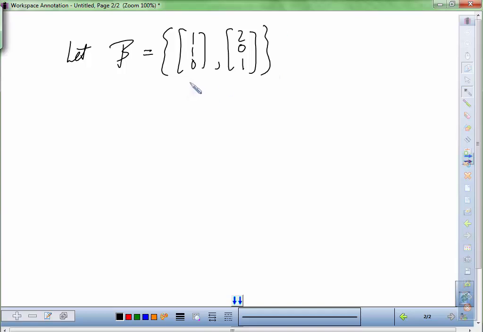So let's call this V1 and V2. So V1 is not perpendicular to V2, but they're linearly independent. So the span of this forms a subspace of R3.